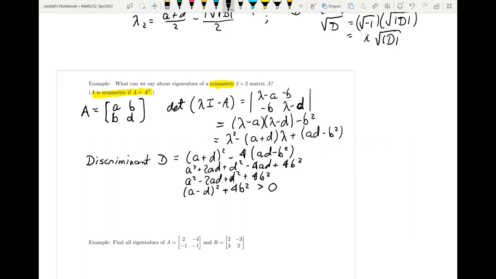So it's greater than or equal to 0, but we can make the case where it's strictly bigger than 0, say, if A is not equal to D, or B is not equal to 0. Usually it's strictly bigger than 0.